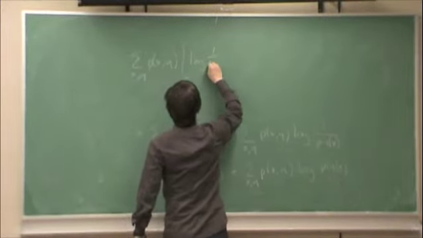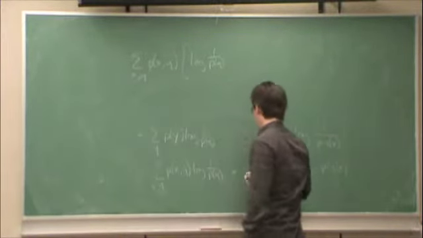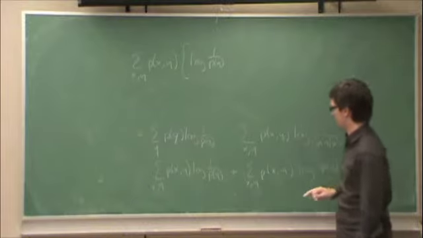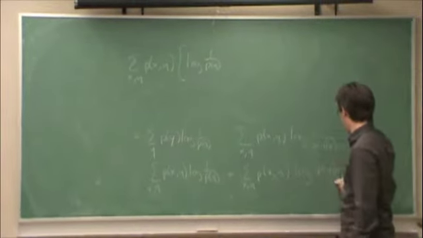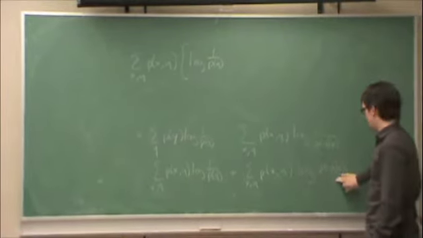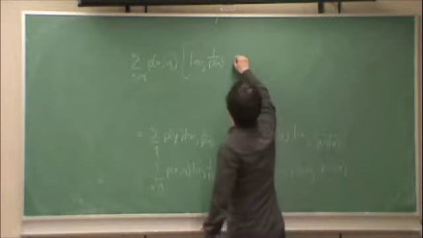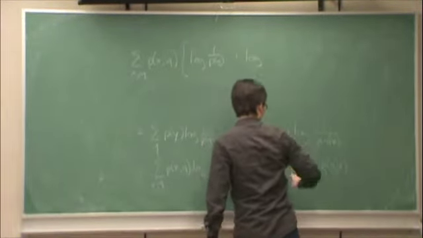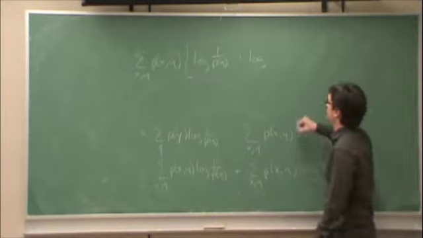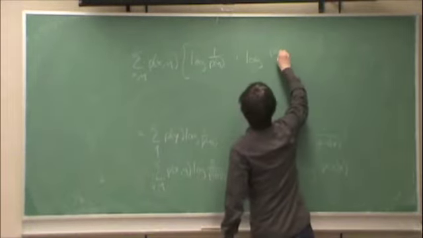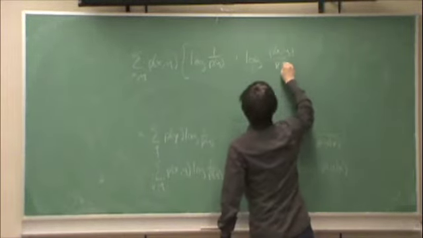log 1 over p of y. Again, I'm going to do two things in this step. First, I collected those. The second thing, I'm going to restate this as, what's p of y given x? Remember this from last time, it's just p of x and y divided by p of x.